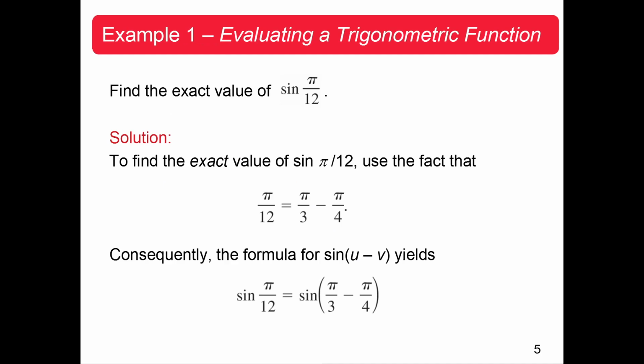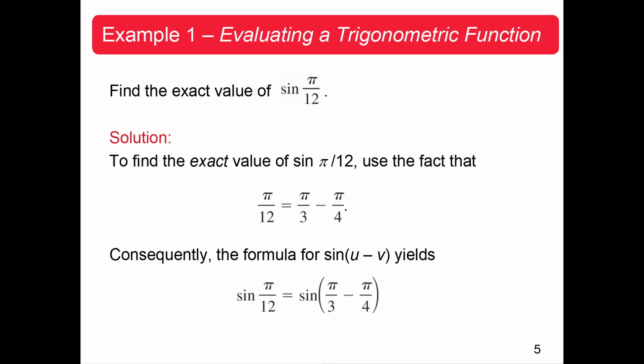Let's say that we want to find the exact value for sine of pi over 12. In this case, we're going to make use of the fact that pi over 12 is the difference of pi over 3 minus pi over 4. So we can rewrite sine of pi over 12 as sine of pi over 3 minus pi over 4.